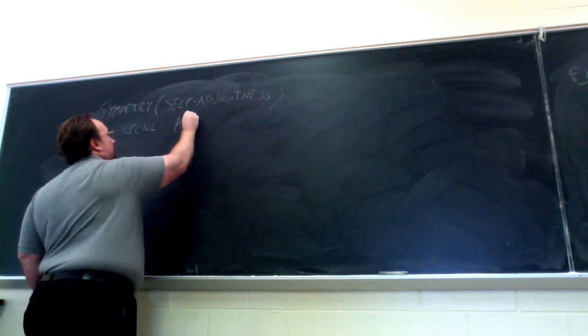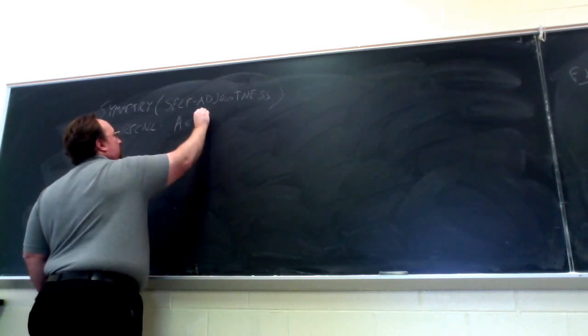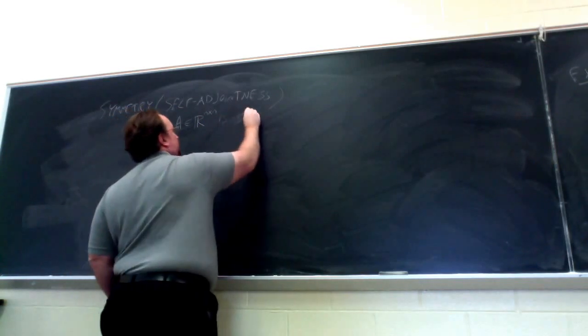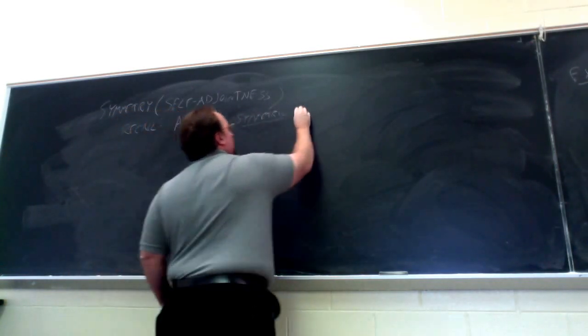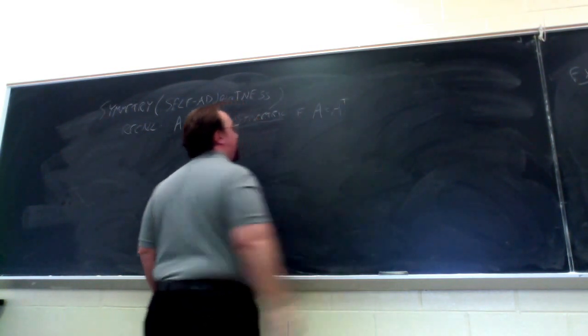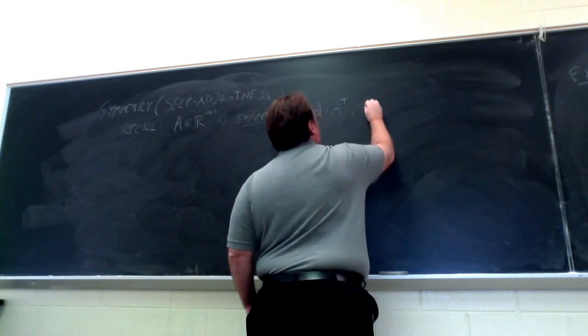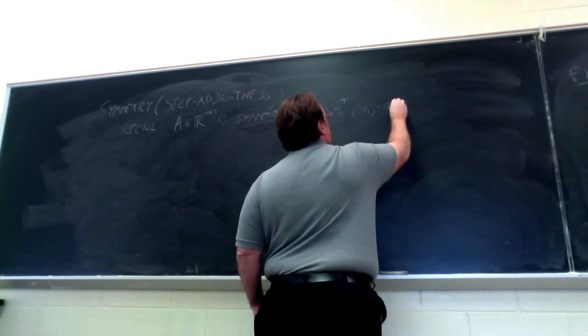So a real n by n matrix A is symmetric if A is equal to its own transpose. A_ij is equal to A_ji.